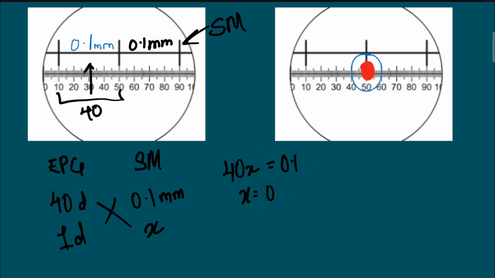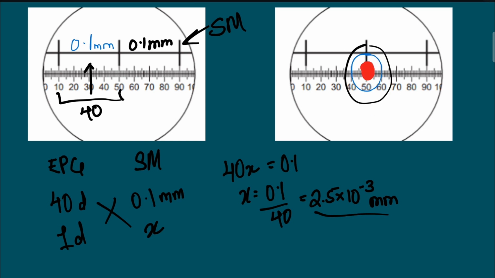Then you find x, which is 0.1 over 40. This is around 2.5 times 10 to the power of negative 3. Now you have found the size of one division, which is 2.5 times 10 to the power of negative 3 mm.